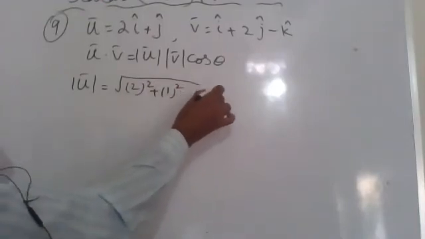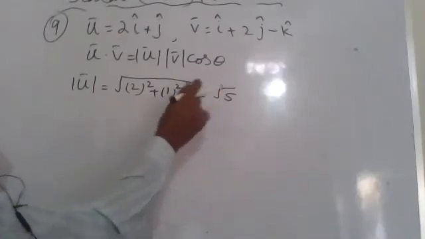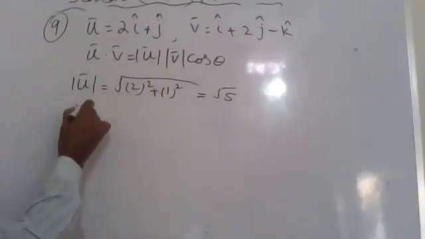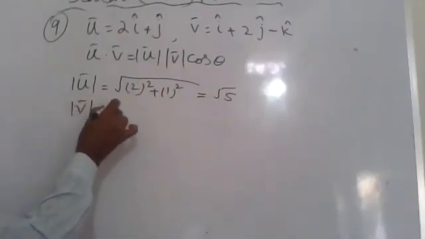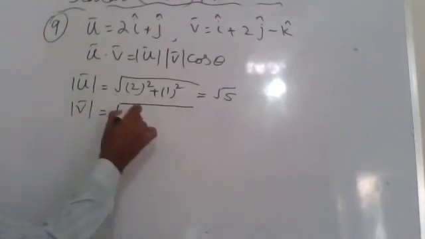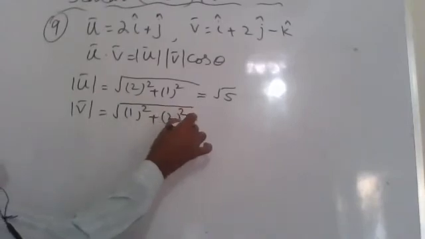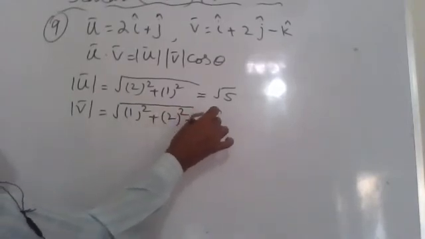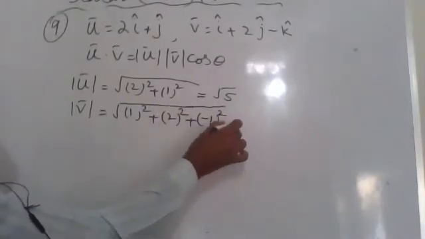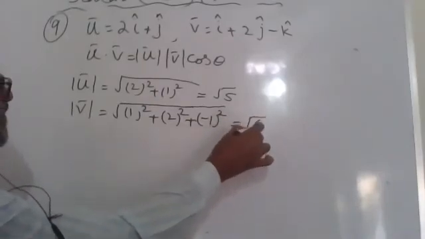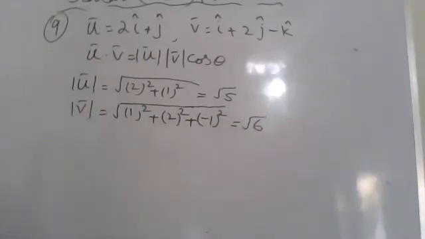It will become under root 5. Find the magnitude of v: under root 1 square plus 2 square plus minus 1 square. It will become under root 6.